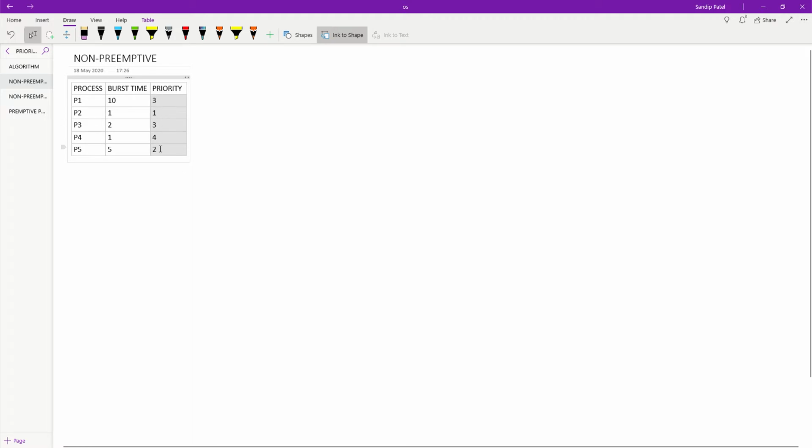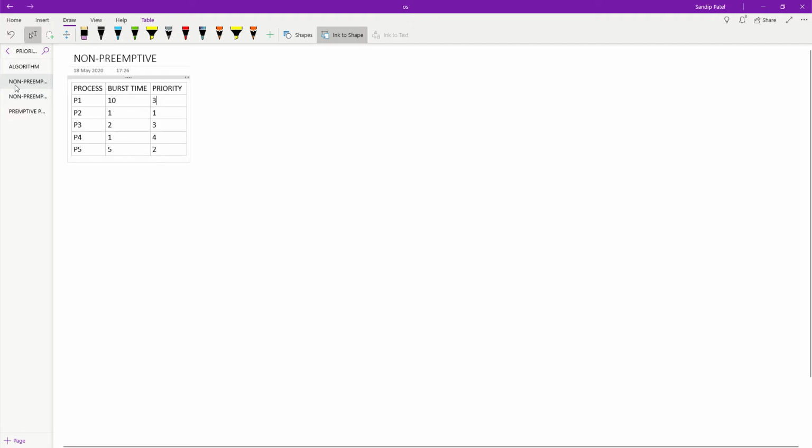You can see the priorities here. We will consider the lowest number as the highest priority: the lowest number 1 as the highest priority, the next lowest number 2 as the next higher priority, and 3 as the next. This way we will consider the priority and select processes one by one.